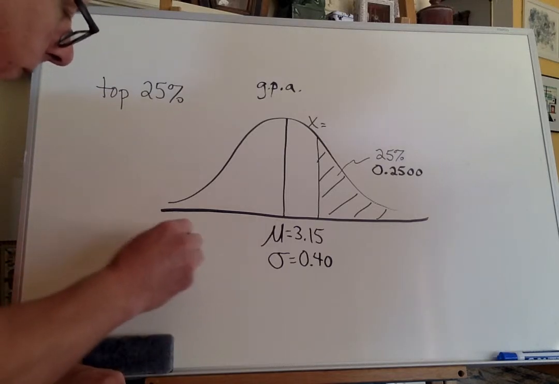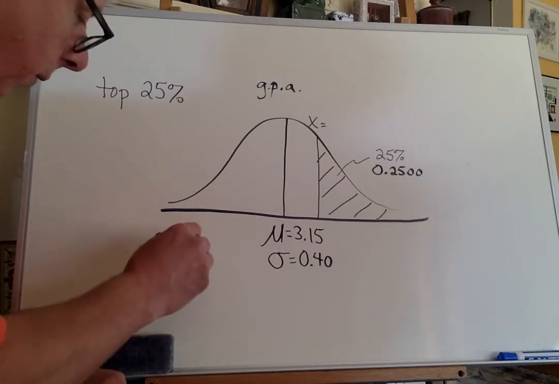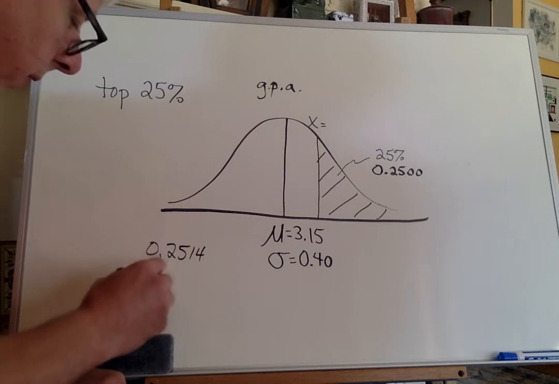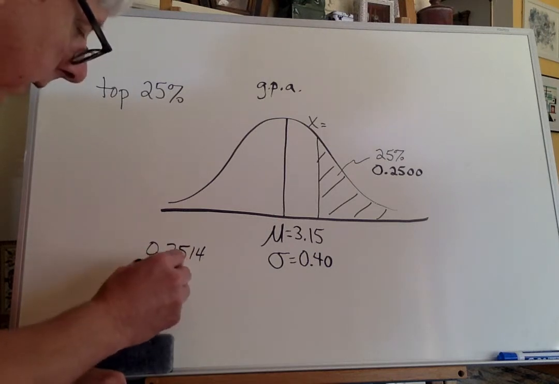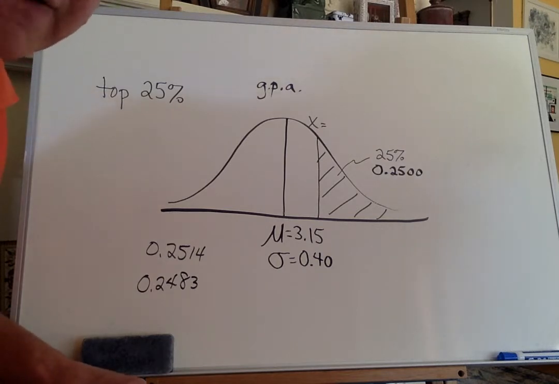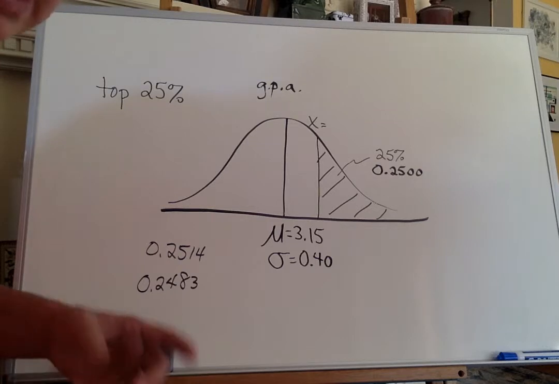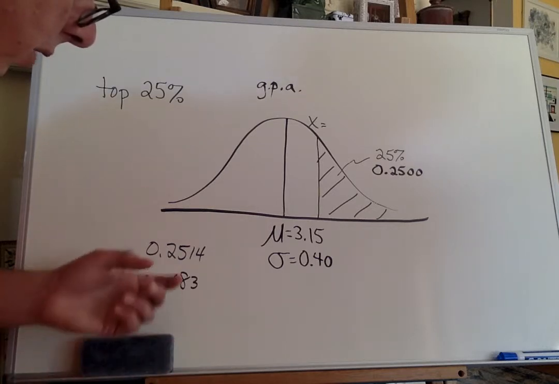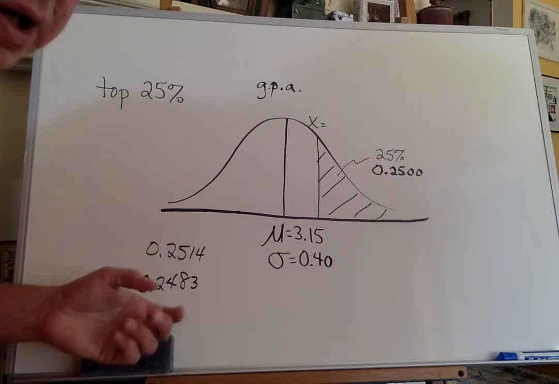I have 0.2514. And I have 0.2483, but I don't have 0.2500. Now the question is, do I use the closest one?